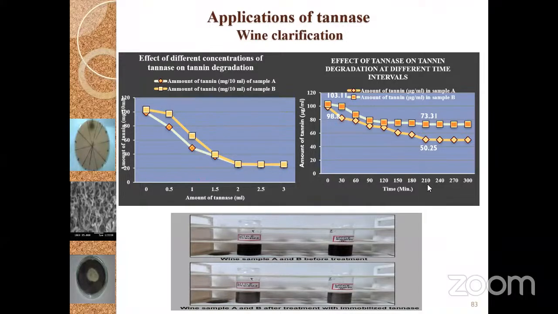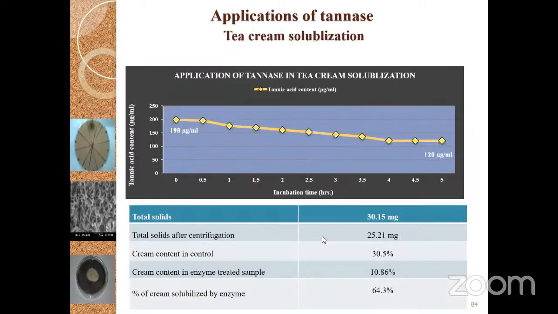After 10 minutes, 50.25% of the tannin remained from 98.8 microgram per ml of tannin content. This picture shows sample A and sample B before treatment, and this is after treatment with the immobilized tannase.